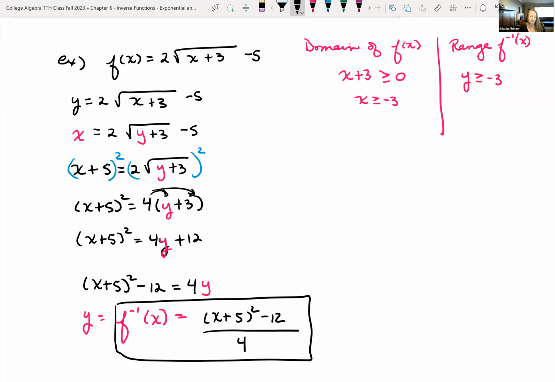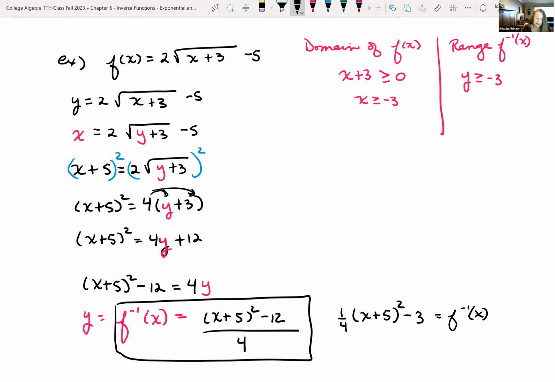If we look at this, notice that this actually is a quadratic. And again, we can think of this if we rewrite it: that's 1/4 times (x plus 5) quantity squared minus 12 divided by 4, which is 3. So from here, you should be able to tell what our vertex is.